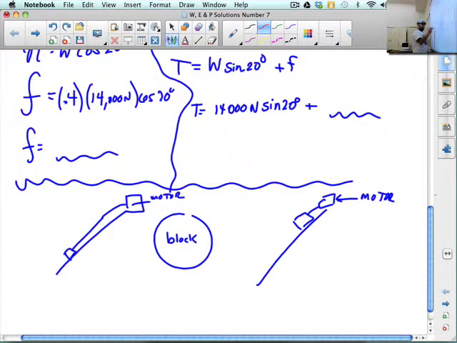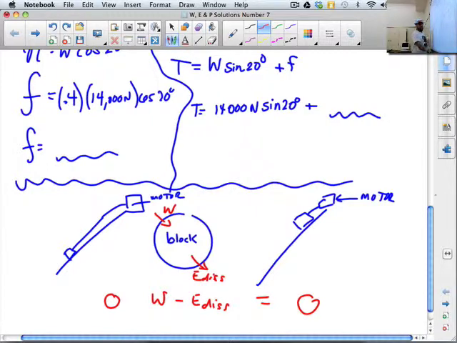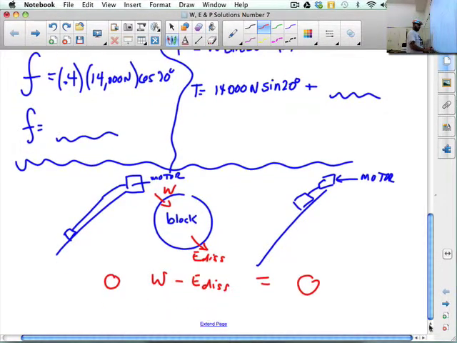So the motor is doing work on the block, and at the same time, there's energy dissipating. That's why the EG, EK, elastic, none of that is changing. So you have no energy change. So your equation is going to be work minus E dis equals 0. So in other words, whatever work is done on the block is dissipating out of the block system.